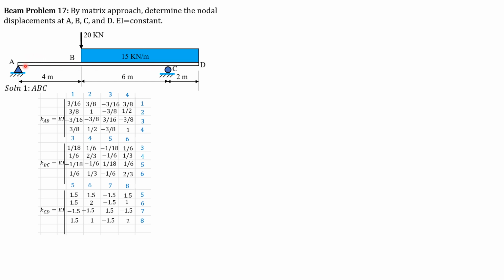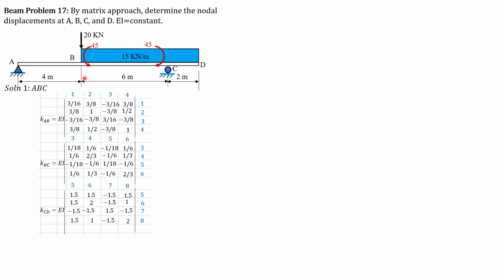So there are no fixed forces or fixed moment on AB. We only consider fixed moments and the fixed force in BC. So this is W L square over 12, 15 times 6 square over 12. These fixed moments due to the load would be 45 and 45.